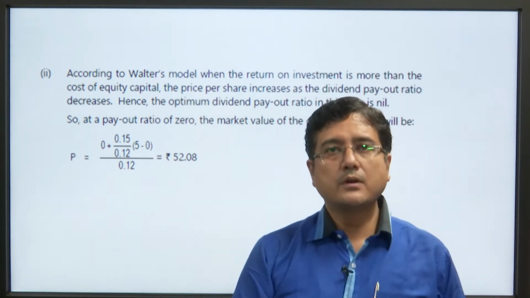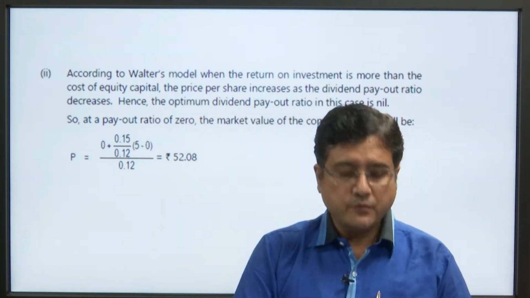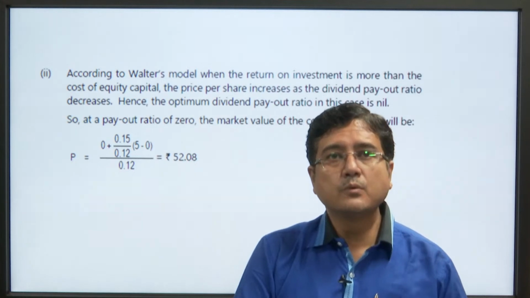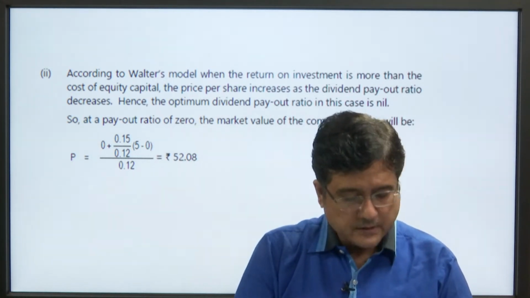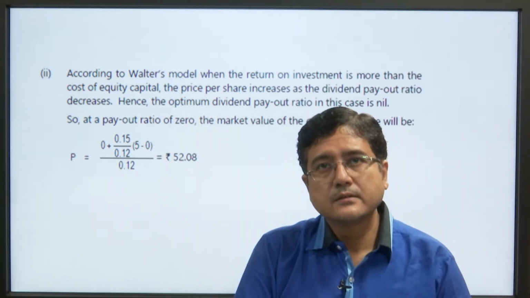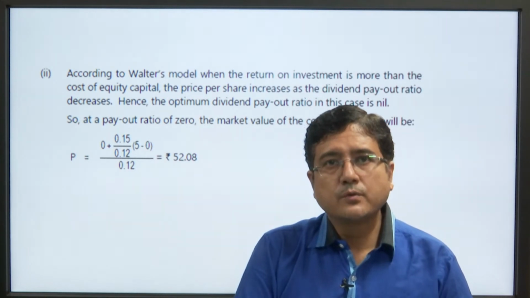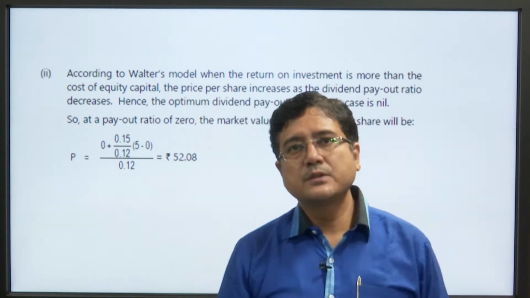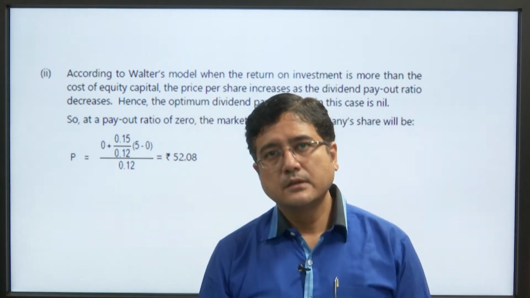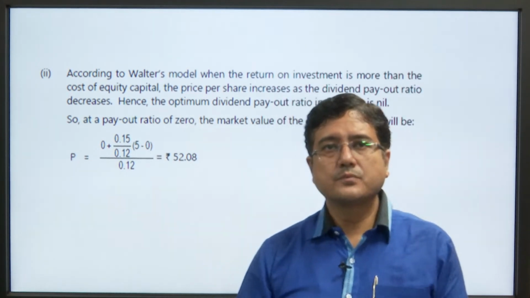According to the Walter model, when the return on investment is more than the cost of equity, the price per share increases as the dividend payout ratio decreases, and vice versa.